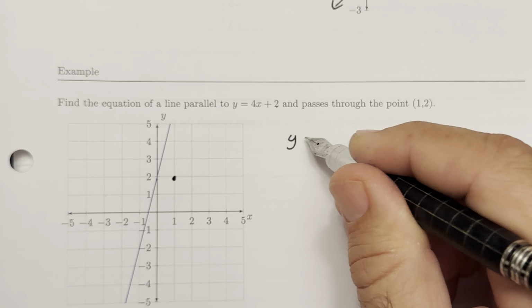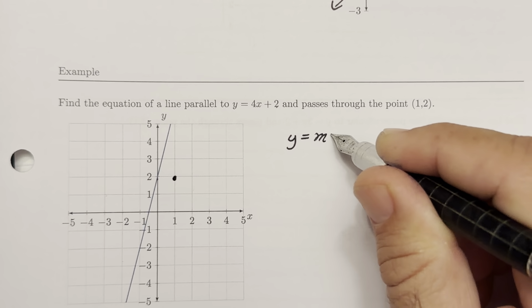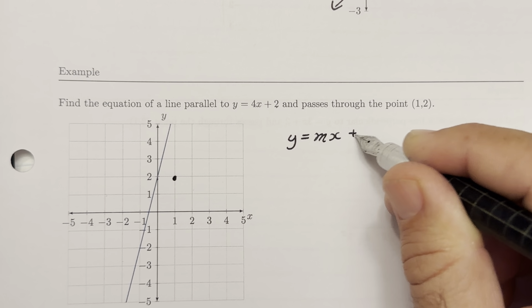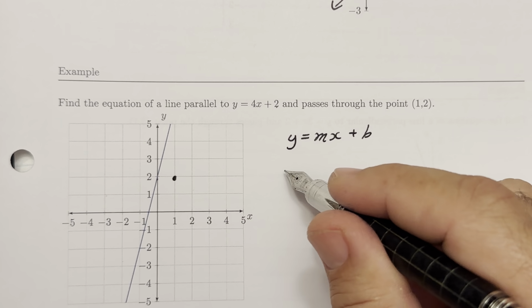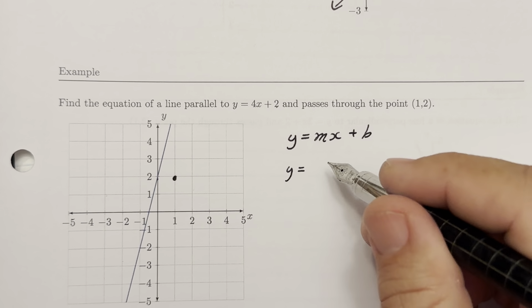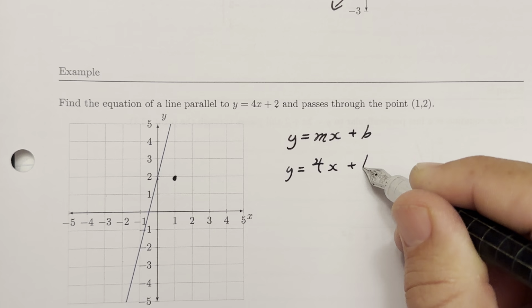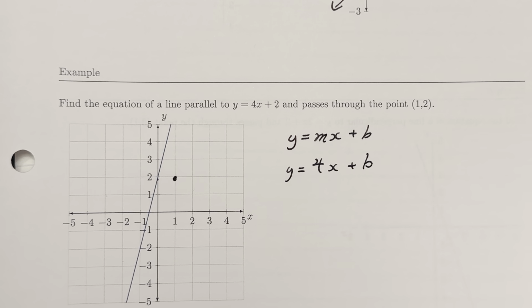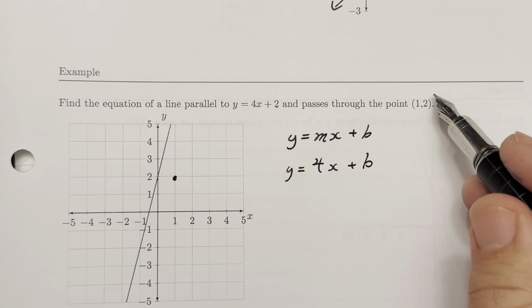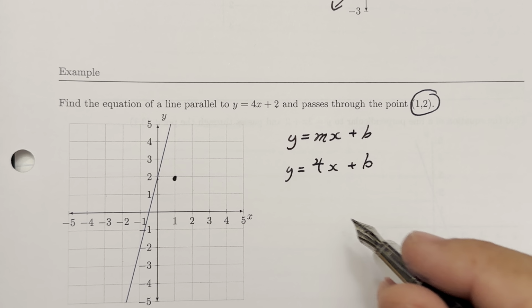So y equals mx plus b becomes y equals 4 times x plus b. And we've got this point here, (1, 2).